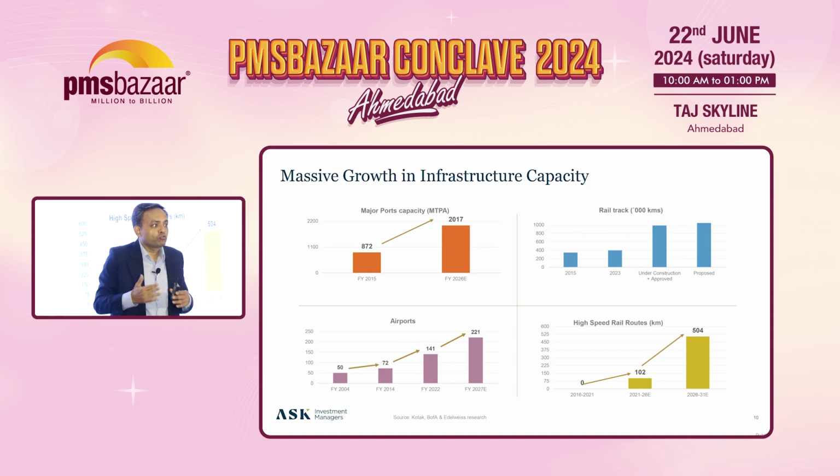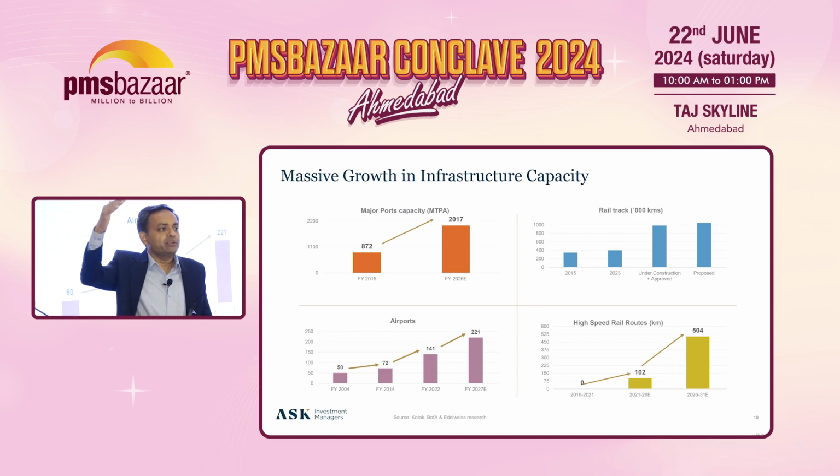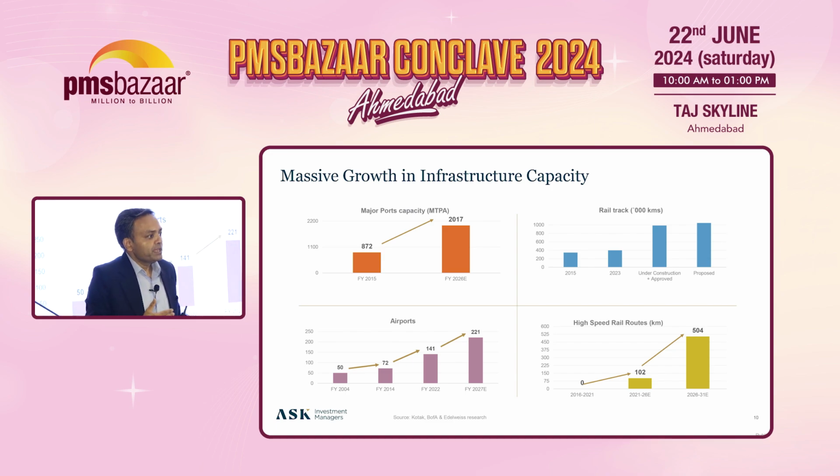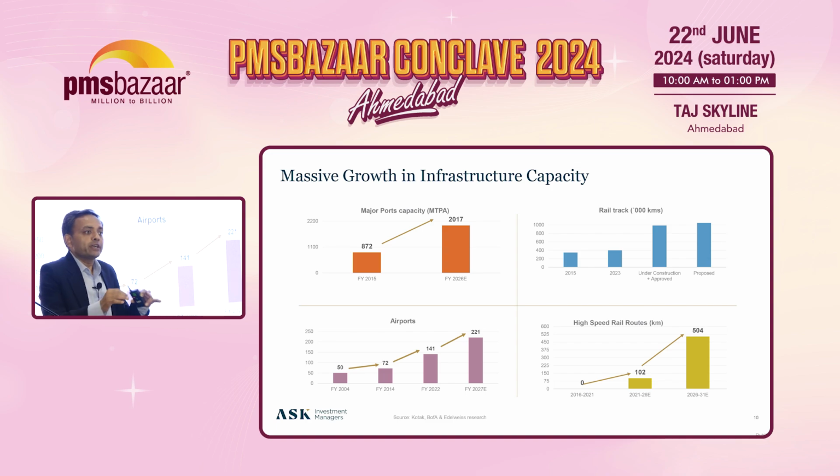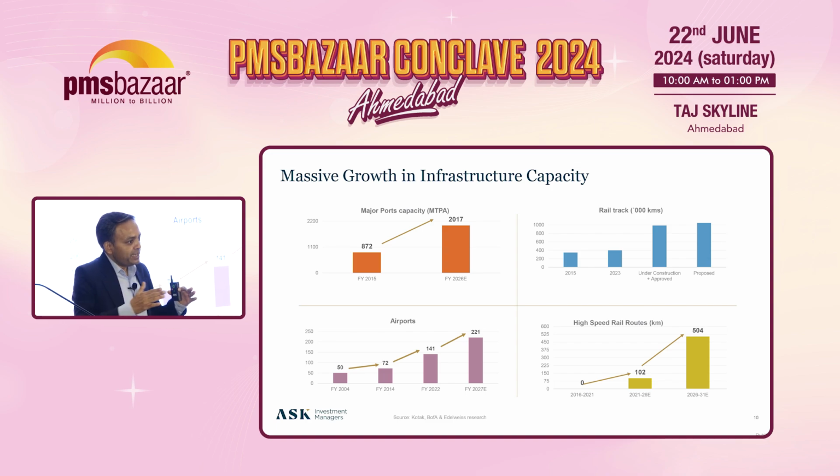But when it comes to port capacity, it is 10x, right? This highlights the kind of potential that is ahead of us. It is not that this potential wasn't there previously. There were various dots. We had to connect those dots. We had to energize those dots. We had to give them direction. And now, since COVID times, we've seen that that process has really picked up pace.